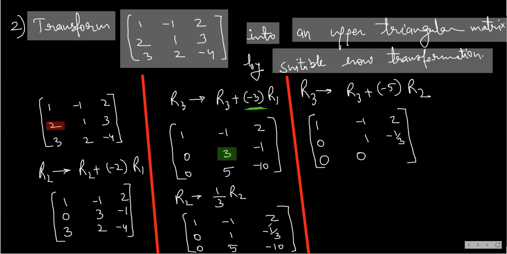And see here, you multiply minus 5. So when you multiply minus 5, that will become 5 by 3. See, minus 1 by 3 into minus 5 is 5 by 3. And then you add it to minus 10. This will become minus 30 plus 5 by 3, minus 25 by 3. And this is the upper triangular matrix.